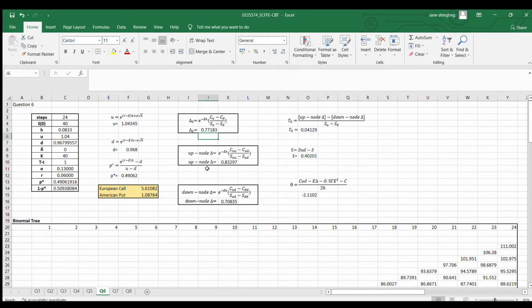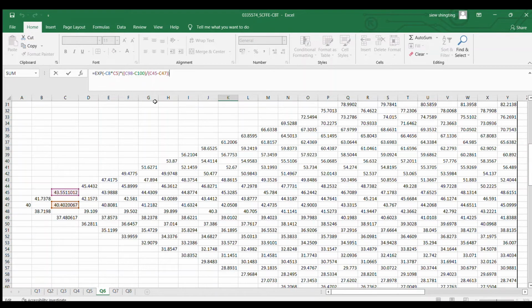So for the up node, delta equals exponential minus delta H times the CUU minus CUD divided by SUU minus SUD. So for this part, we just use the same as with the delta 0. For the CUU is C98.